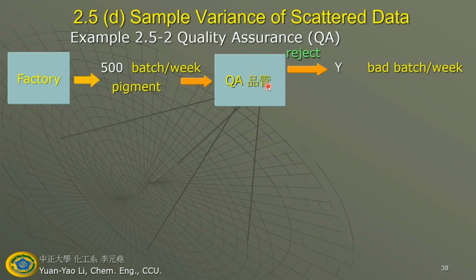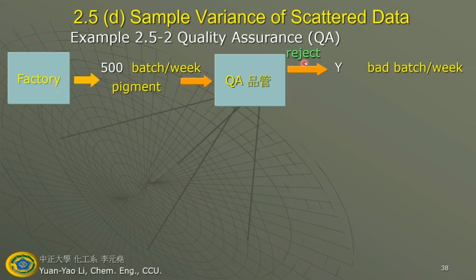Okay, however, you might find some of the product which is not good. The quality cannot pass the QA, quality assurance. So you need to waste this batch of products. If you have many rejected batches in a week, then you need to think of something wrong with your factory, right? Because you are losing money.